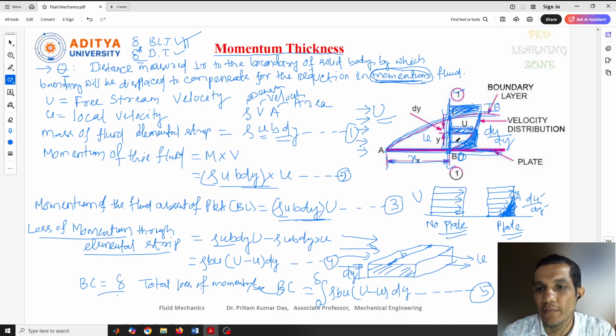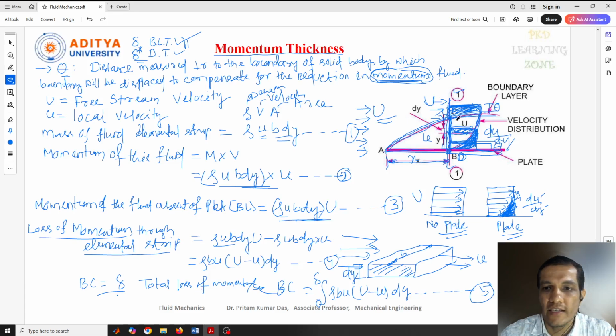If we displace the plate by some distance theta with constant velocity, we can see the compensation and the increment in this boundary layer. In this region we get the free stream velocity, that is U, and that we need to find out.